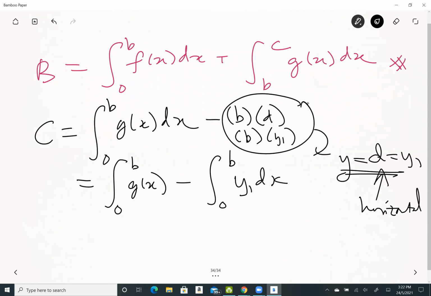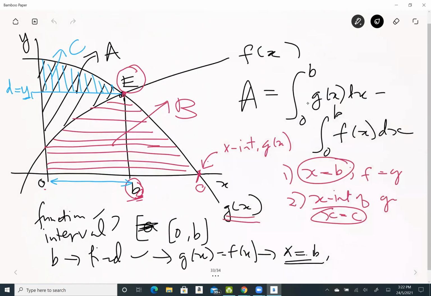So you integrate the horizontal line and you get the rectangle. In terms of definite integral, it's the area under the horizontal line y1 from 0 to b, which you get from x equal to b.